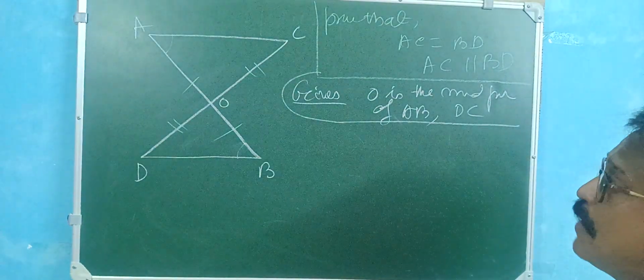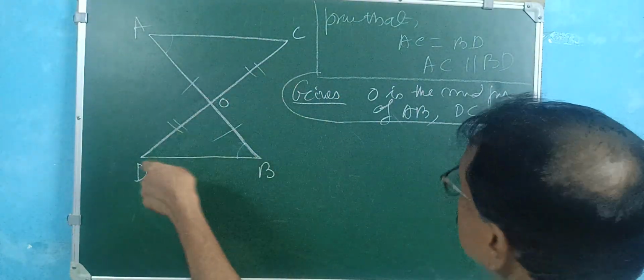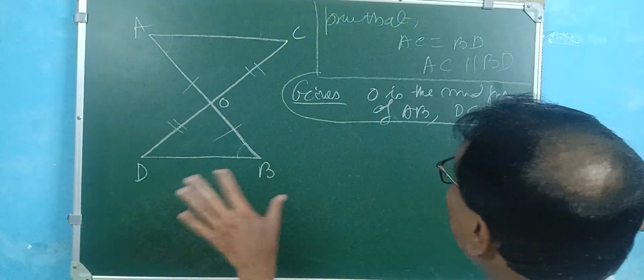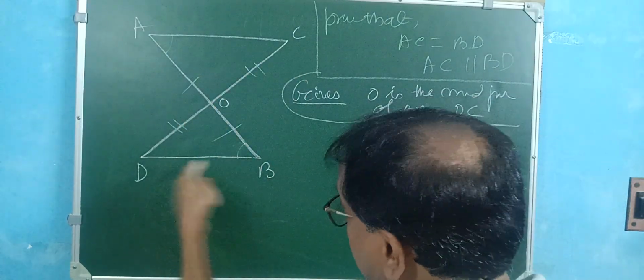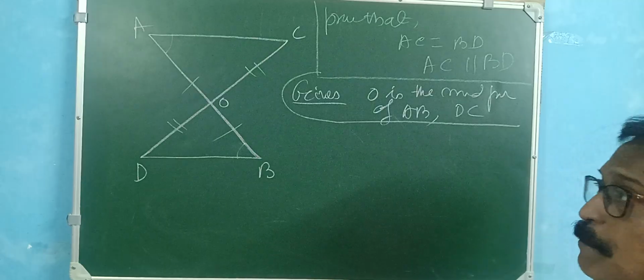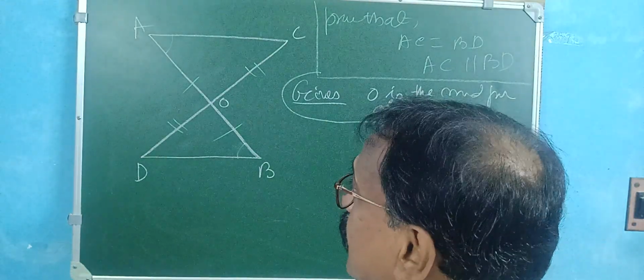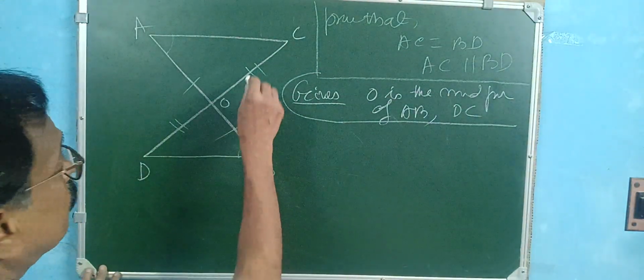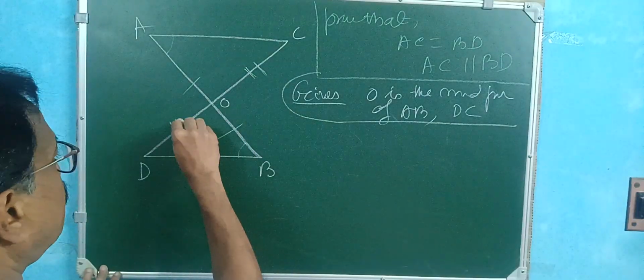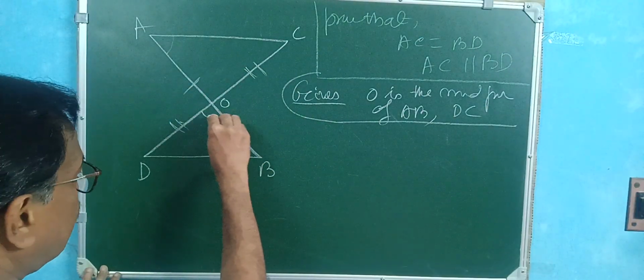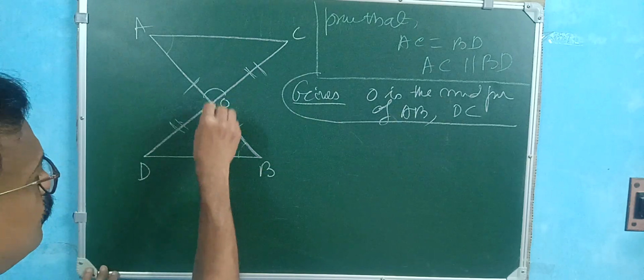It will be proved that AC is equal to BD and at the same time AC parallel to BD. তাহলে এটা ট্রায়াঙ্গেল, দেখো this side equal to this side, this side equal to this side, and this angle equal to this angle is a vertically opposite angle.